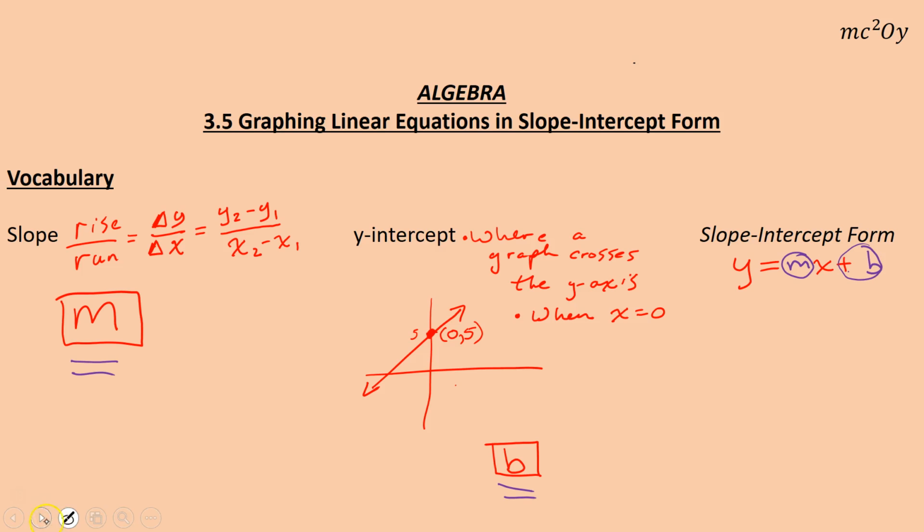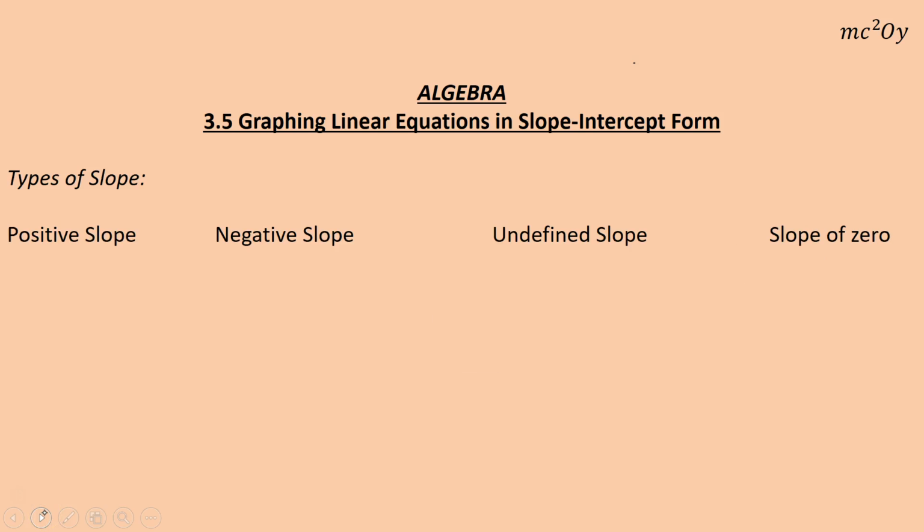Some other important pieces of information is to know what type of slope you're dealing with. If I have a line increasing from left to right, like you're reading a book, say you're a person walking on this line from left to right.